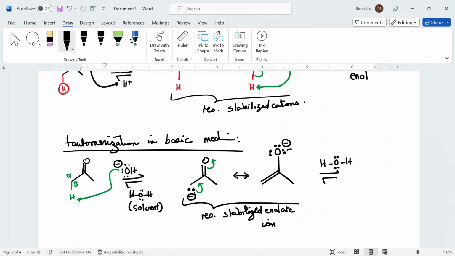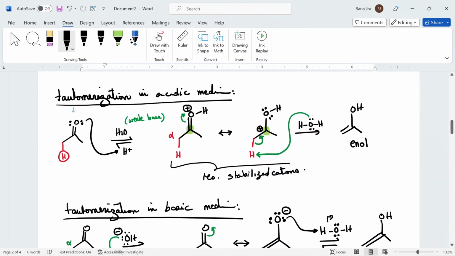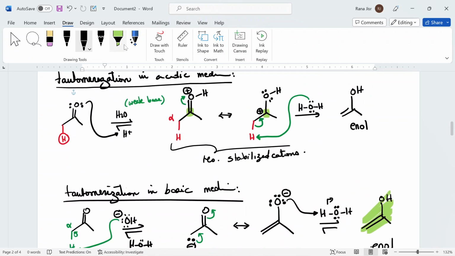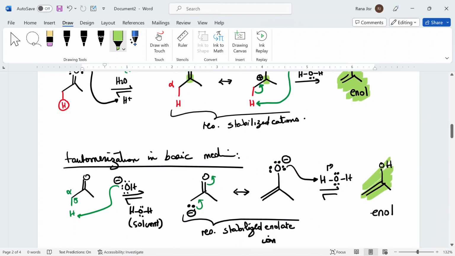So the enolate ion is going to come pick the hydrogen from the water to become the enol. So in both mechanisms, I am forming the enol. In the acidic mechanism, I'm going to form the enol. And in the basic mechanism, I'm going to form the enol as well. The method to get to both enols is different depending on the medium that you are working with.